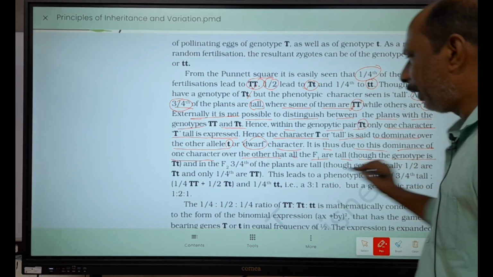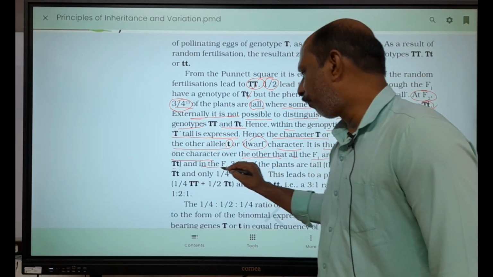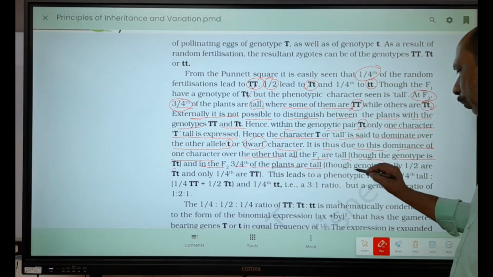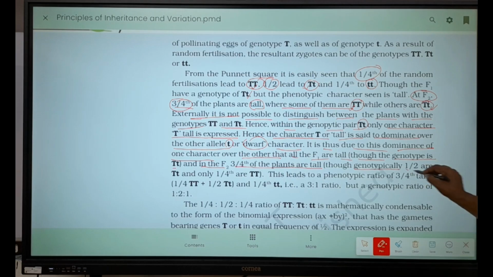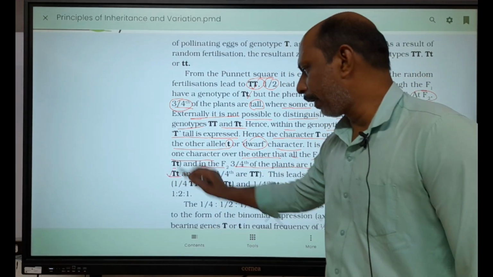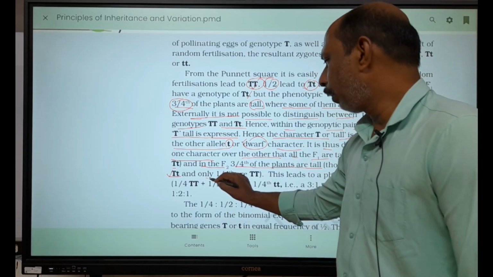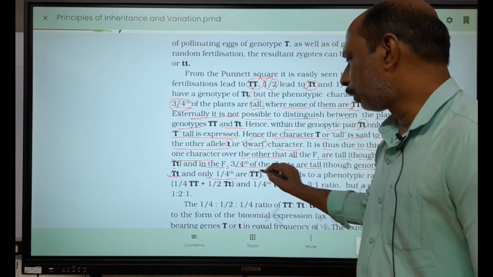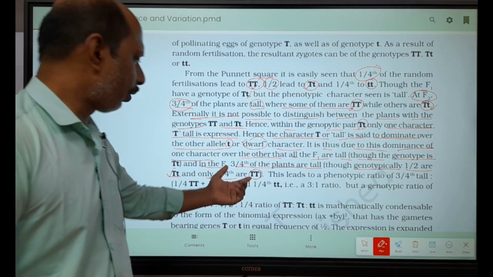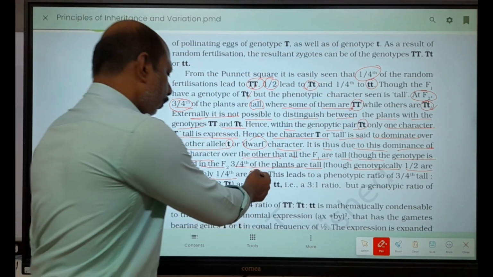Though the genotype is capital T small t, and in the F2 generation 3/4 of the plants are tall, though the genotype is 1 to 2 capital T small t, because the dominant trait capital T is present, it is tall. And 1/4 is capital T capital T, where the dominant trait is present, so it is also tall.